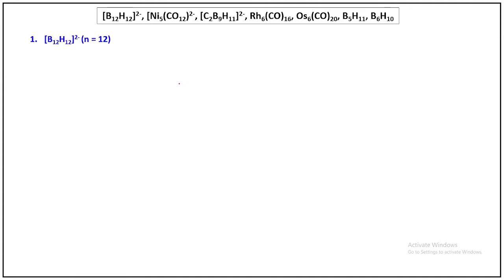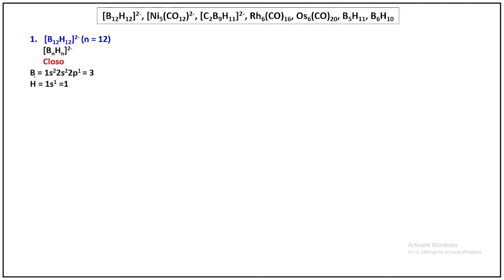Let us start by taking the first cluster given to us, B12H12 2 minus. This follows the formula BnHn 2 minus, and hence from the table we can directly tell that this cluster has a closo structure. But I will also show you how to find the number of skeletal electron pairs, and we will cross-check the answer obtained from both the methods.